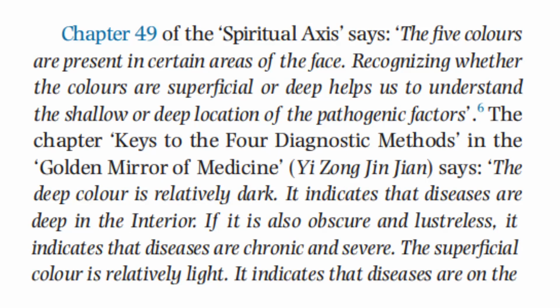The chapter Keys to the 4 Diagnostic Methods in the Golden Mirror of Medicine says, the deep color is relatively dark. It indicates that diseases are deep in the interior. If it is also obscure and lusterless, it indicates that diseases are chronic and severe.